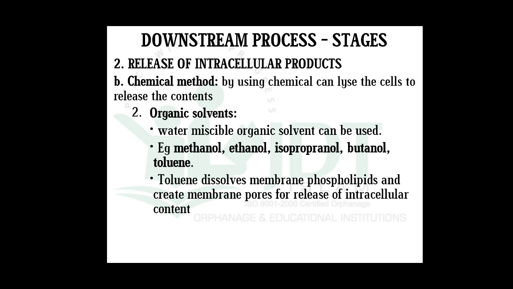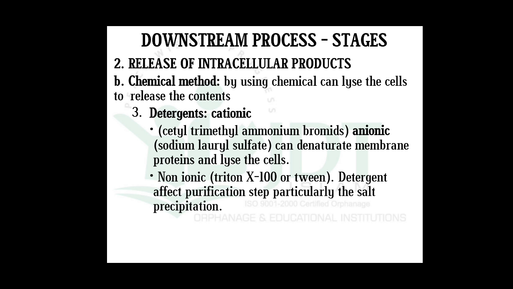The second one is organic solvents, which are water miscible, and can be used for the release of intracellular products, like ethanol, methanol, isopropanol, butanol, and toluene. Toluene dissolves membrane phospholipids and creates membrane pores for the release of intracellular contents. And the last one is detergents.